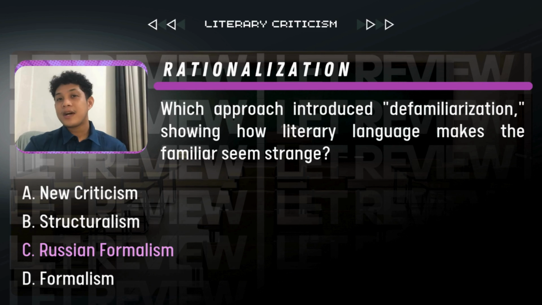And for the last one, B, structuralism, which is concerned with deep structures and systems, not perceptual disruption. So overall, the correct answer is C, Russian formalism, which introduced defamiliarization, showing how literary language makes the familiar seem strange. So the correct answer for this question is Russian formalism.